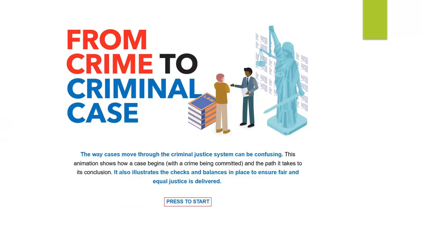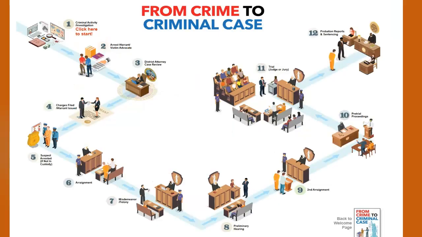I found a very good website from the San Diego District Attorney page, in which it takes you into this animated explanation of the different timelines. I highly encourage you, if you do want to be in this career, that you understand each of the procedures and what they entail. And this is an excellent one that I found.